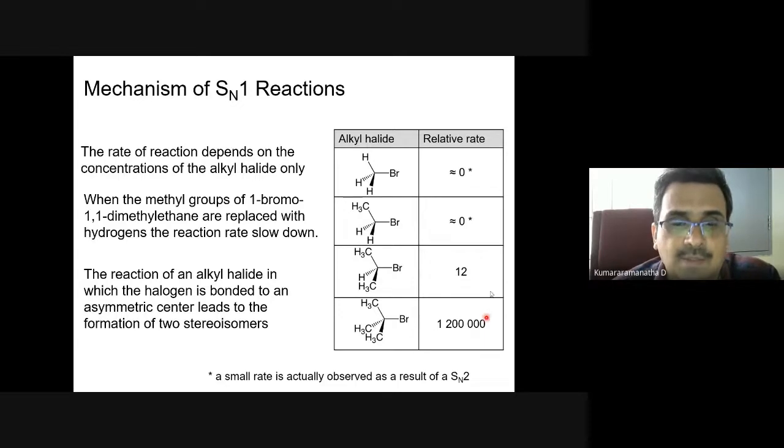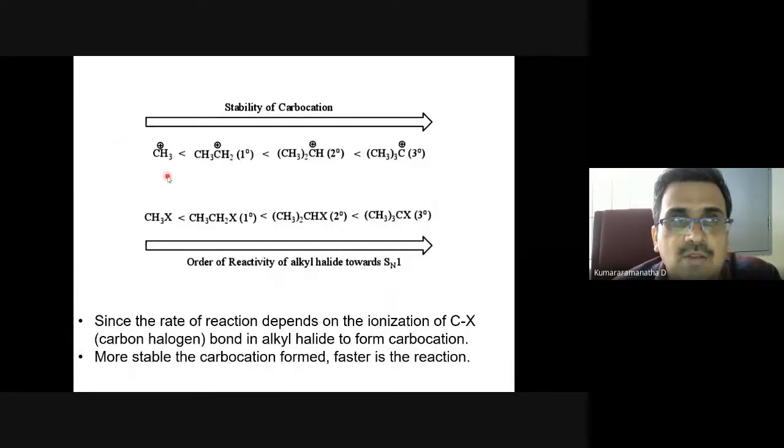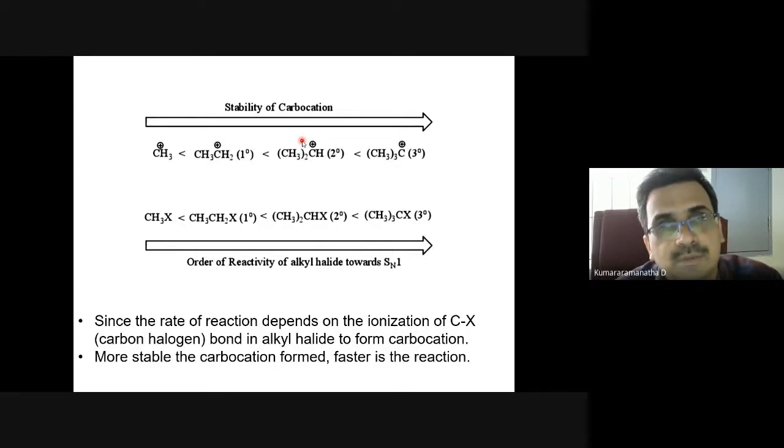Now, again, in this case, we can get SN2. Let us discuss that slowly. The better the carbocation formed, the better the substitution happens. Compared to primary and secondary, the tertiary group forms excellent stability of the carbocation.